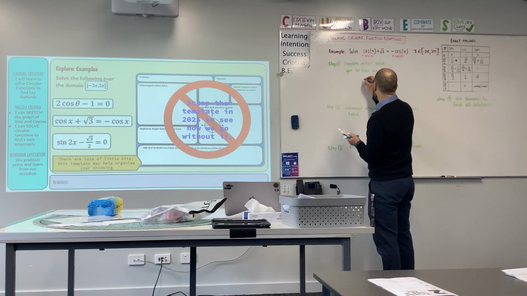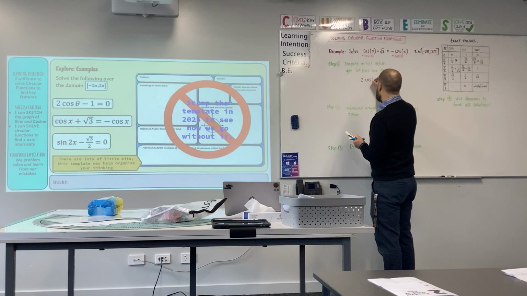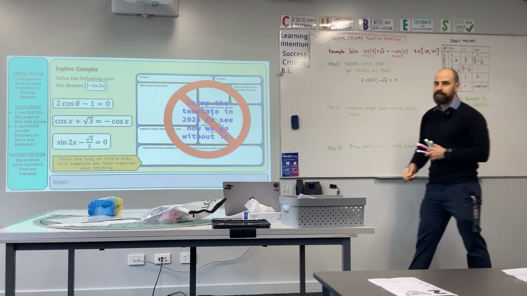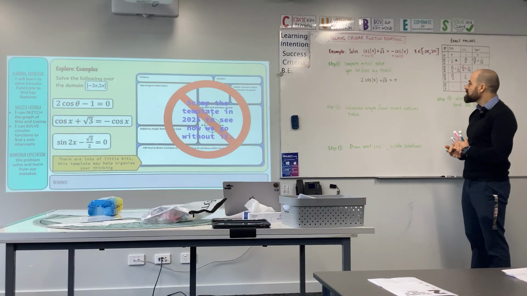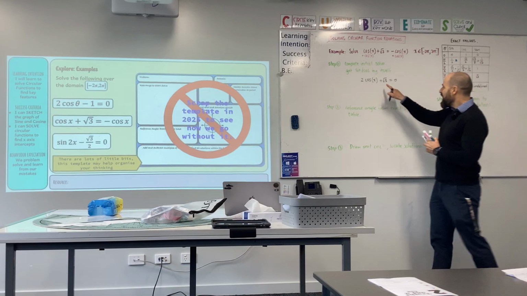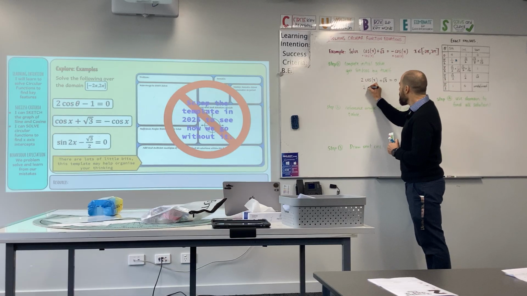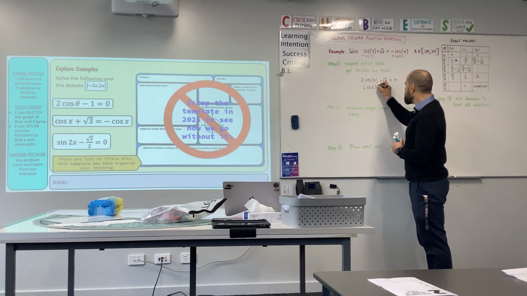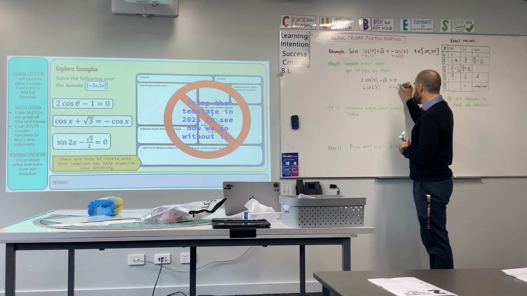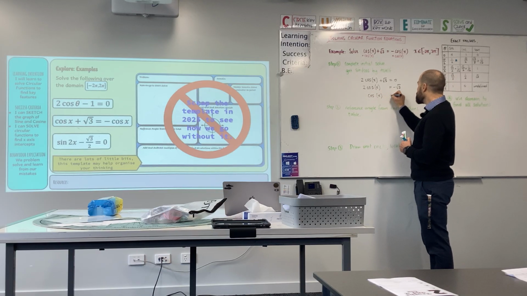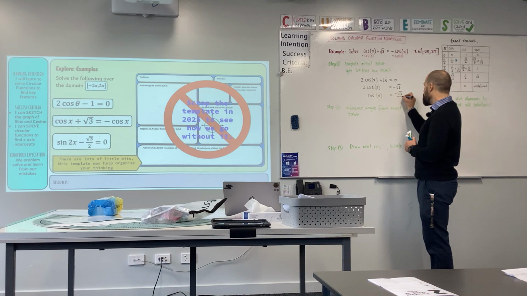So that gives me 2 cosines plus root 3 equals 0. And then now I would do my rearranging like in the last example. 2 cosine would equal negative root 3. And then 1 cosine would equal negative root 3 over 2.